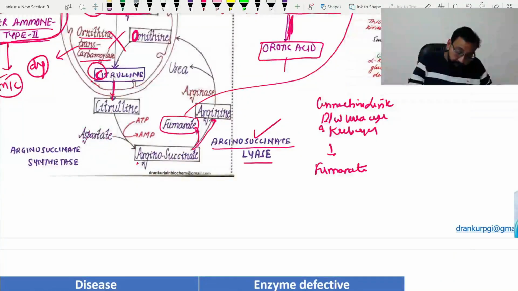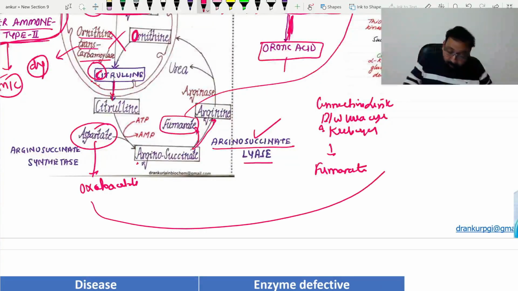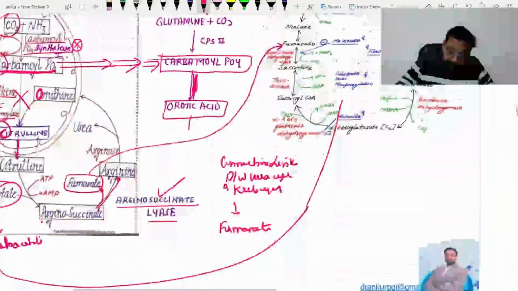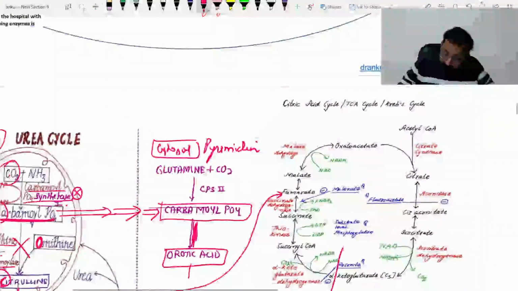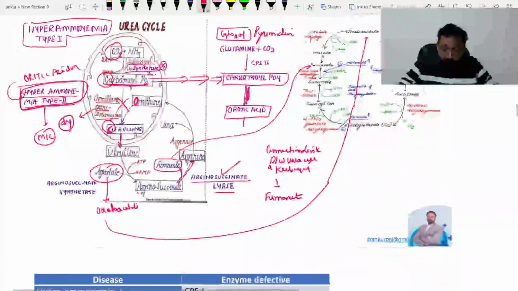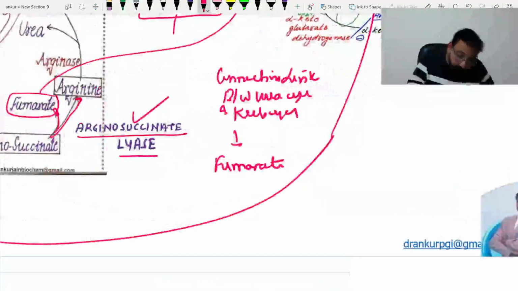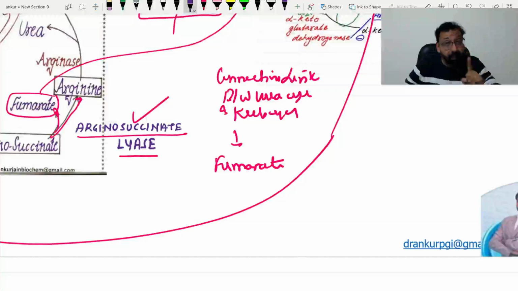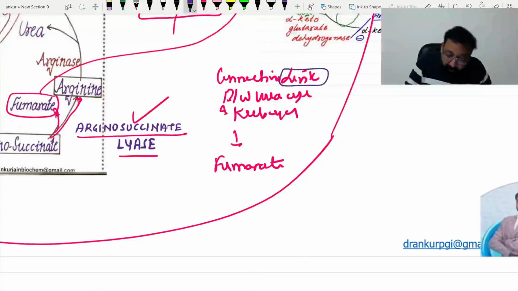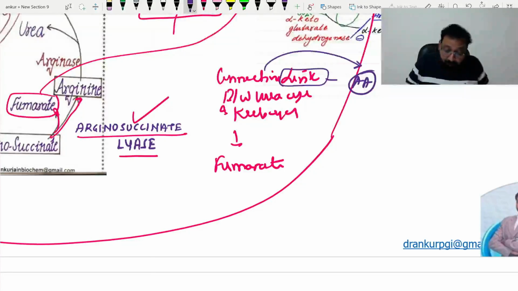If you deaminate aspartate, it becomes oxaloacetate, and oxaloacetate is also an intermediate of the Krebs cycle. If they ask for the connecting amino acid, the answer would be aspartate.